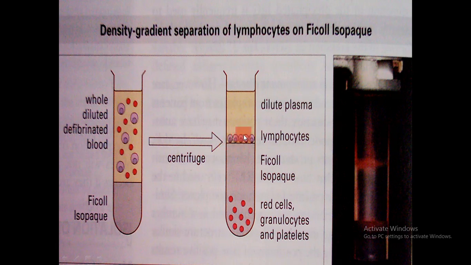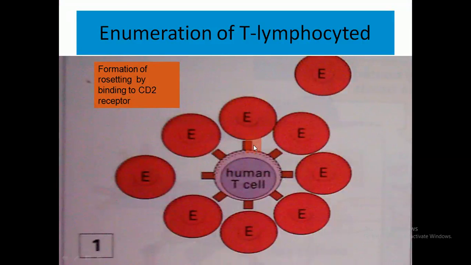We will take the lymphocytes because, to assess the function of the cellular immune response, we need lymphocytes. First, enumeration of T lymphocytes. This can be achieved using sheep RBCs because the T lymphocyte has a CD2 receptor that binds to the sheep RBC, leading to formation of rosettes.